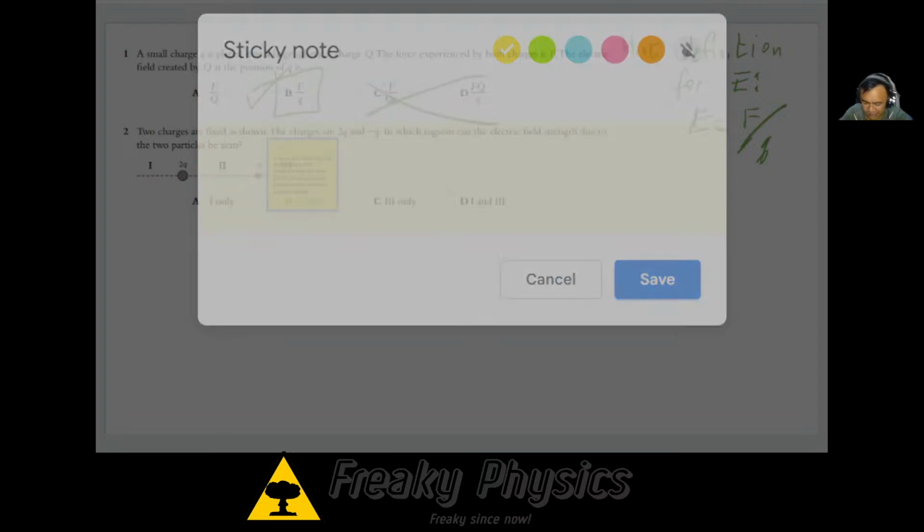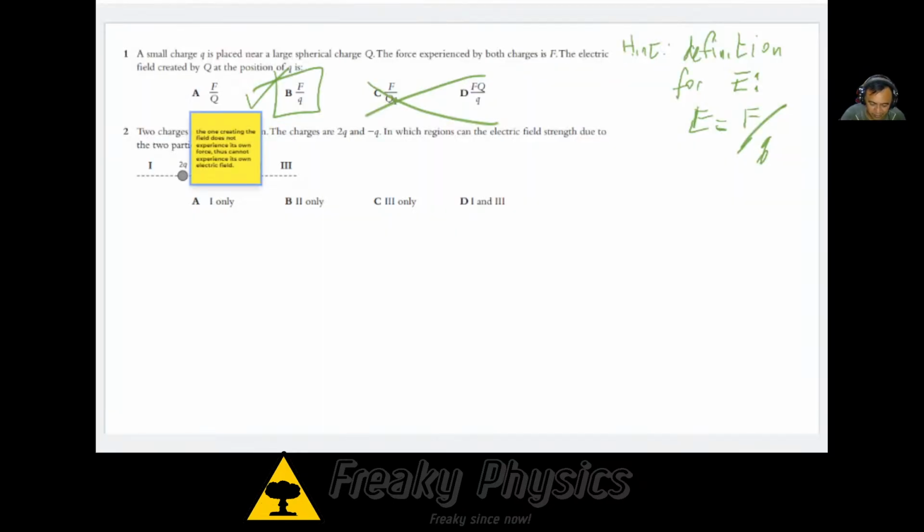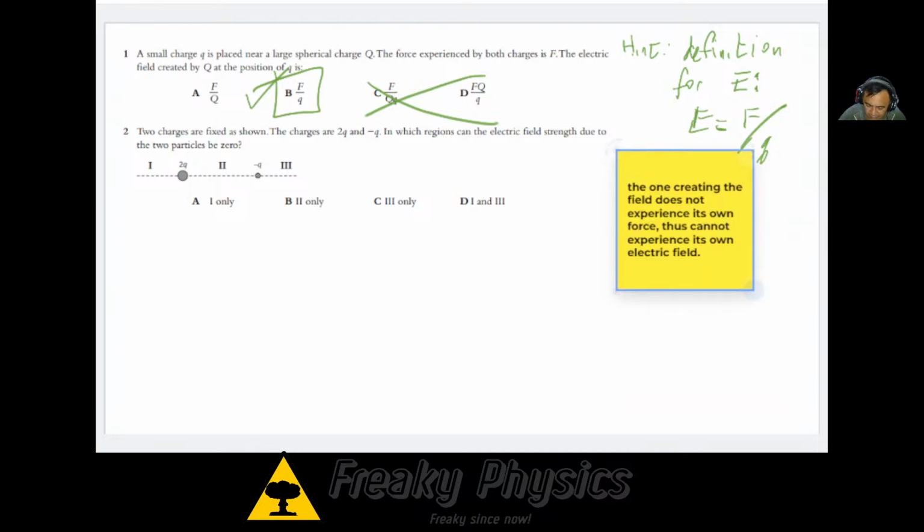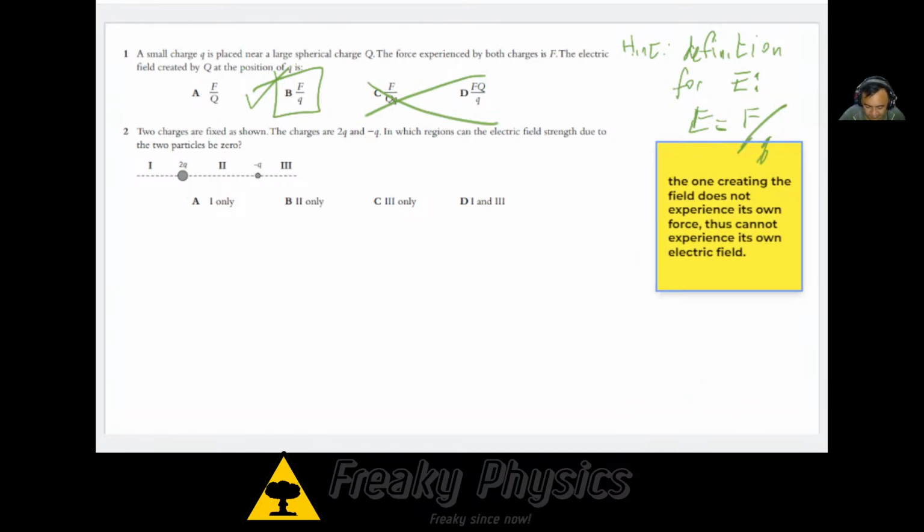This is the way I like to think about it, and I hope this is useful for you. So using this idea, it cannot be big Q because the one creating the field is Q, big Q.